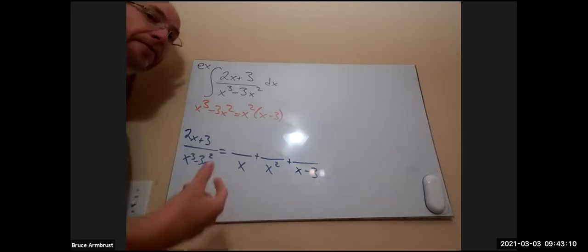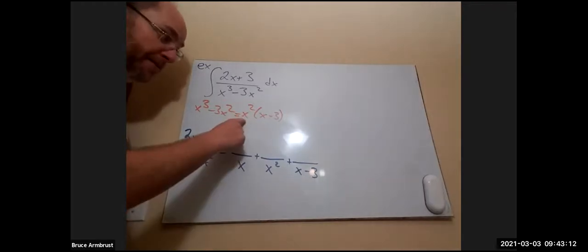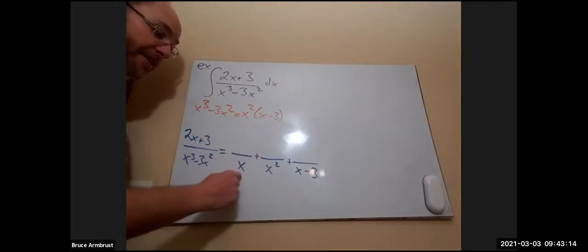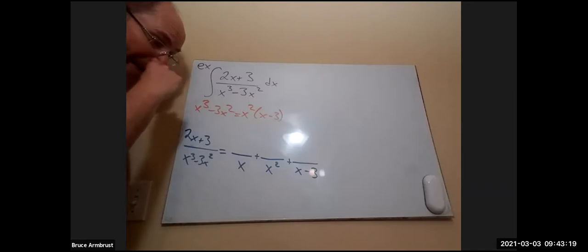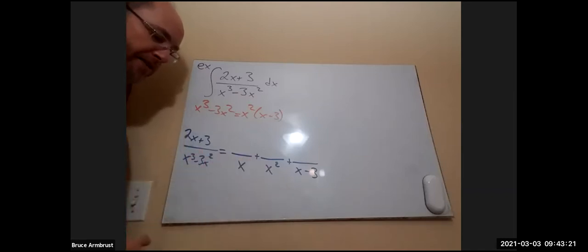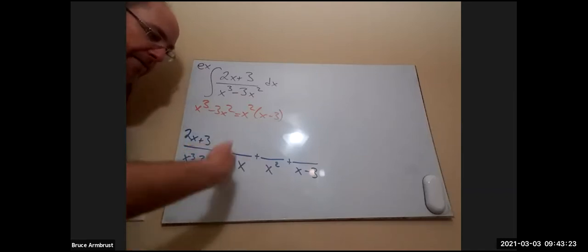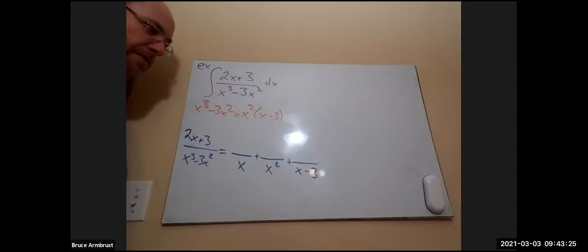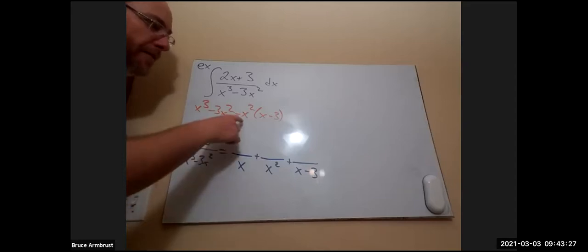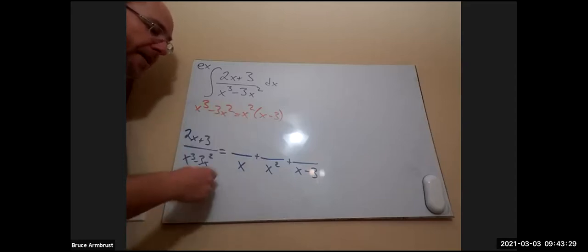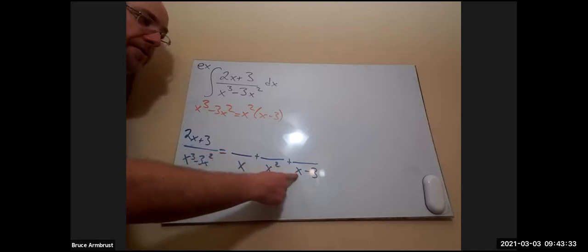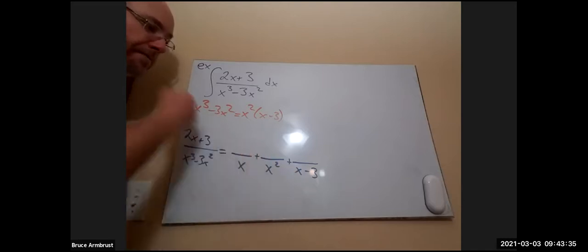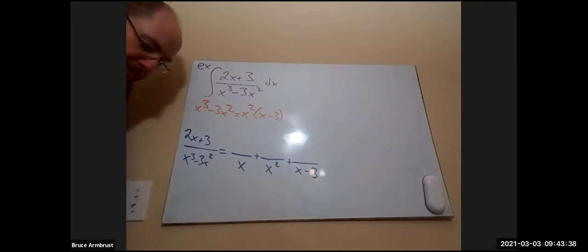So when you have a repeated root, repeated factor, you need to have as many fractions as that highest power. And each of those fractions has a different power of that factor. So had this been x cubed, it would have been an x, an x squared, and another one with an x cubed. And then the x minus 3.